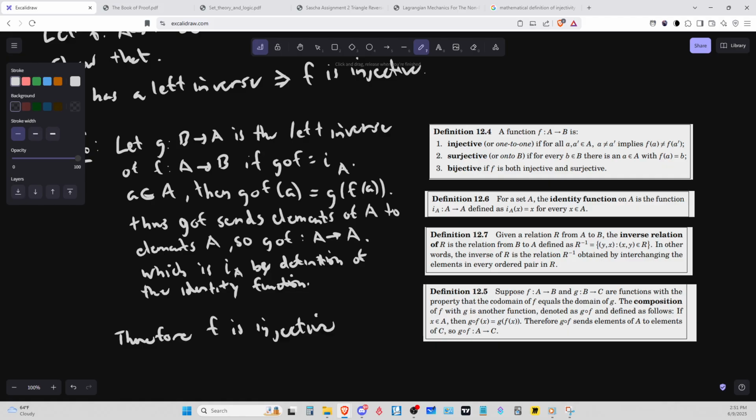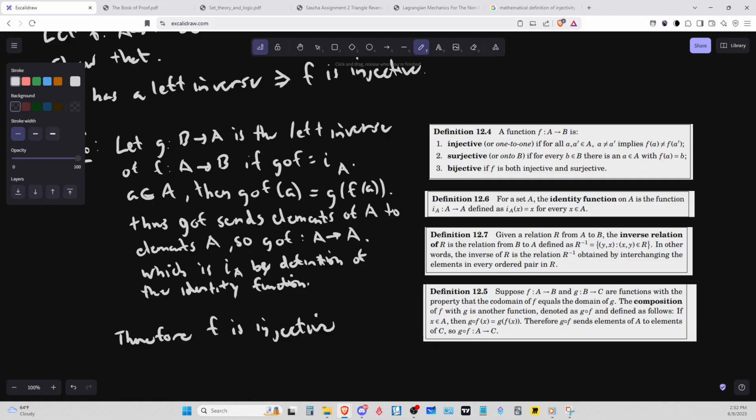Okay, so let's read over our proof and see what we got. Let G from B to A be the left inverse of F from A to B. Then the composite of G and F is equivalent to the identity function on A. So we have a small a, which is an element of A. Then the composite function thus sends the elements of A to the elements of A, so that we have a composite function that goes from A to A, which is the identity function on A by definition of the identity function.